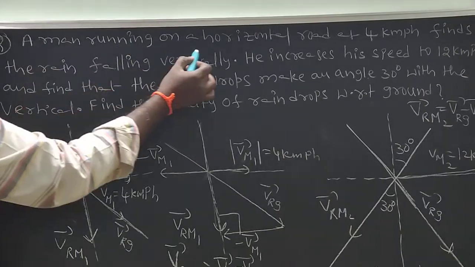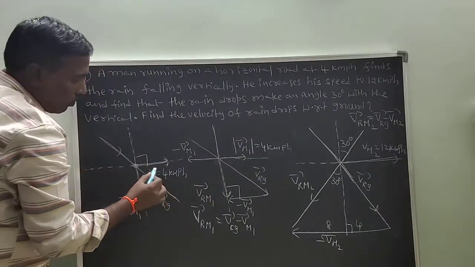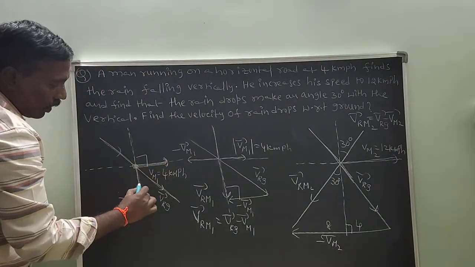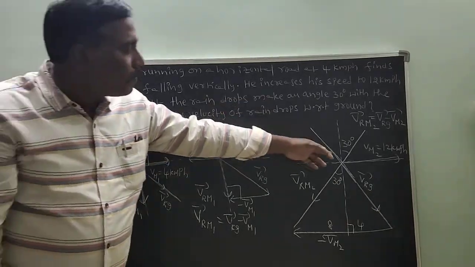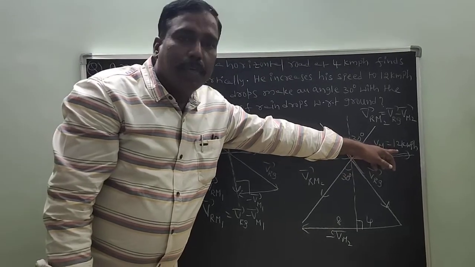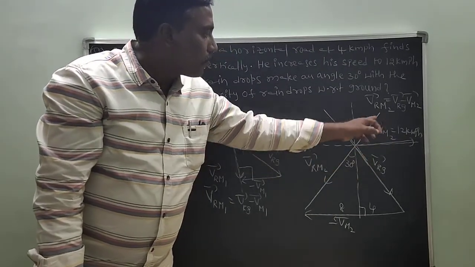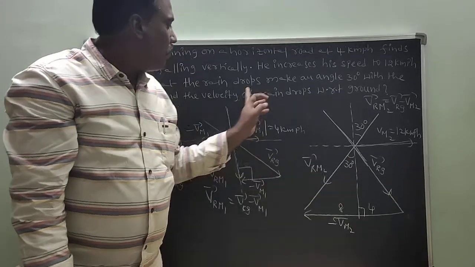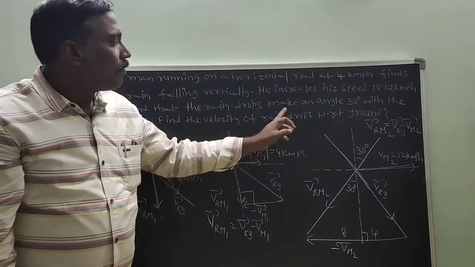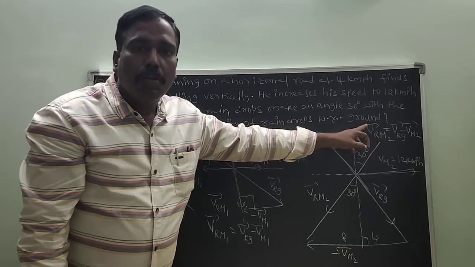When a man running on a horizontal road at 4 kmph, rain is falling vertically down. When he increases his speed to 12 kmph, the rain appears to fall at an angle 30 degrees with the vertical. Find the velocity of raindrops with respect to ground.